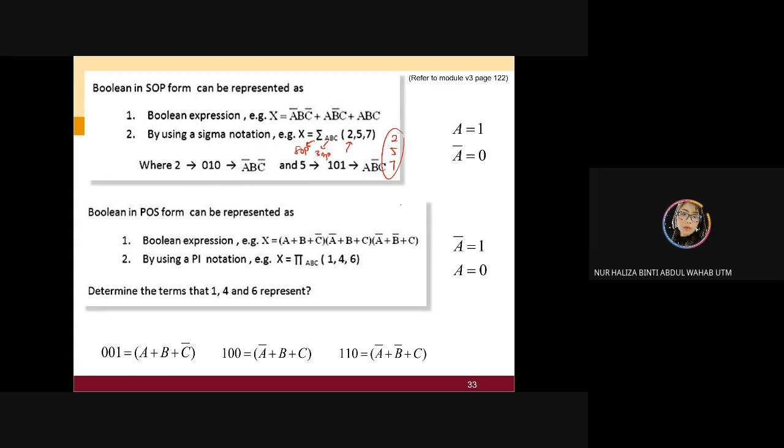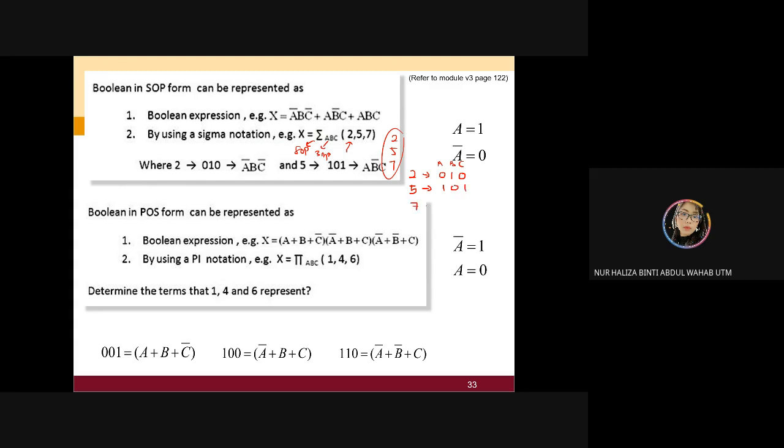What is 2, 5, 7? For 2, I convert it to binary and get 0, 1, 0 for A, B, C, because I have 3 variables. After that, if you have 5, you will get 1, 0, 1.